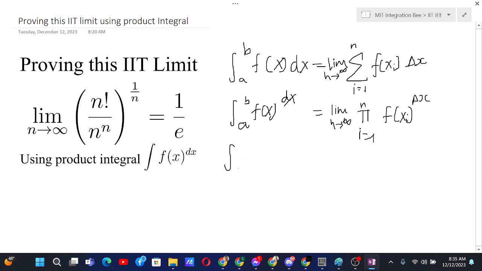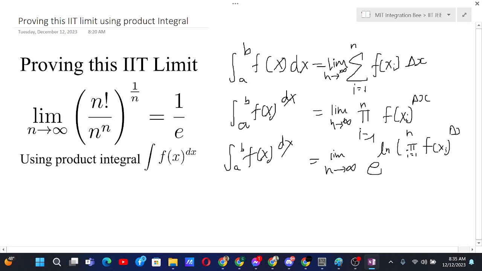Basically, what we can do is raise this thing to e to the power ln, and that changes the product to a sum. So we have the limit as n goes to infinity of e to the power ln of the product from i equals 1 to n of f of xi to the power delta x.